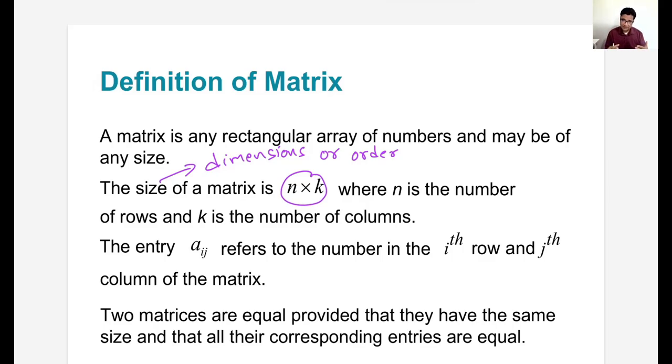In some context, people want to distinguish between the number of elements versus the dimensions, then the size might have a slightly different meaning than dimension. But in general, all of these are used synonymously. Okay. The order of a matrix, size of a matrix, dimensions of a matrix.